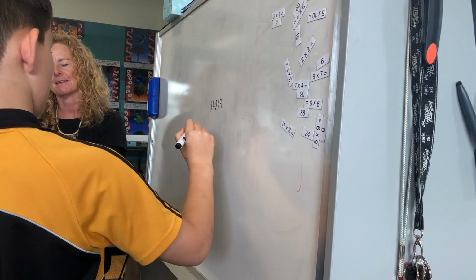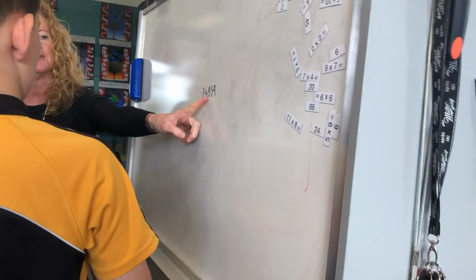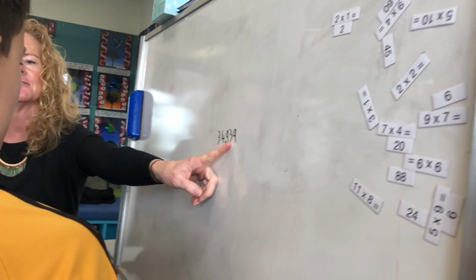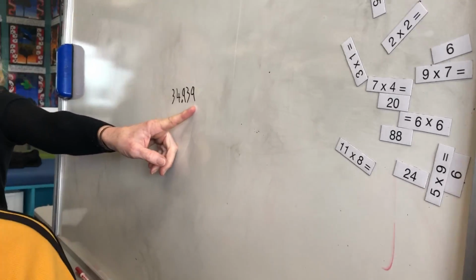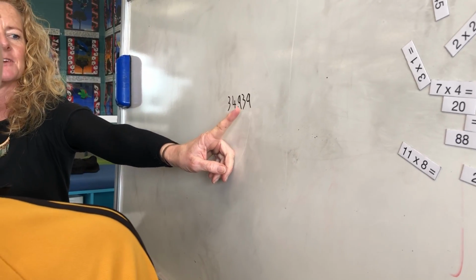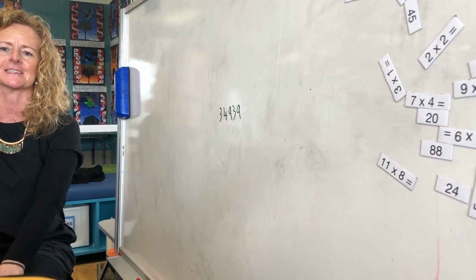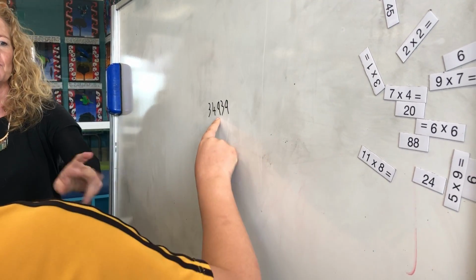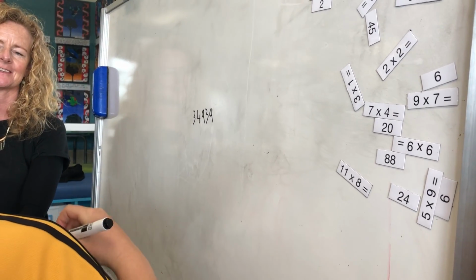There's 1,000. Yeah, we have thousandths. So if that's tenths and that's hundredths, what's that, Donovan? Thousandths. Did I ask for thousandths? No. So where would you need to put that decimal place so that we only have tenths and hundredths? We can have ones, tens and hundreds, but we want tenths and hundredths.